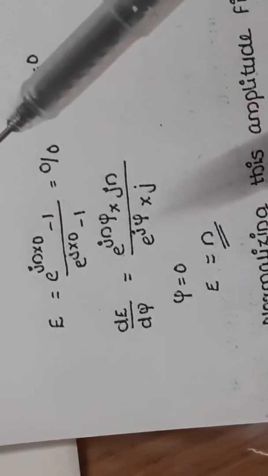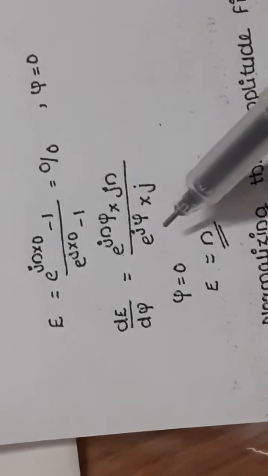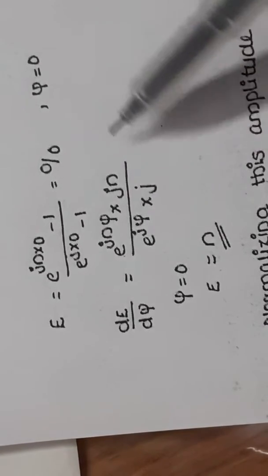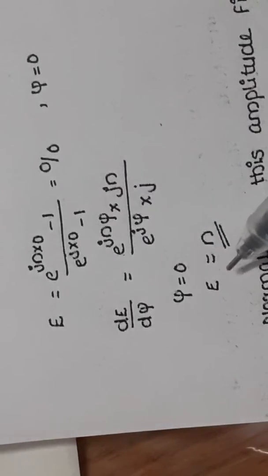So with ψ equal to 0, you apply that, then you get E equal to n.